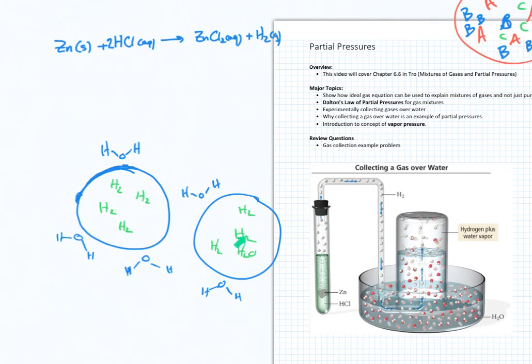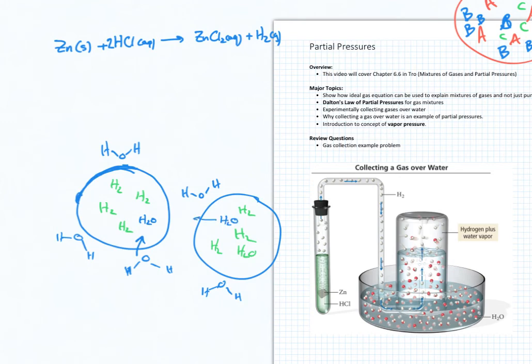But these gas molecules are always in motion, and the water molecules are also in motion. So they have some energy associated with them because the water molecules are moving around. They're not stationary. They're in a dynamic state. And as this bubble moves its way through the water, some of the water molecules have enough kinetic energy that they can break free of the surface tension and get converted into gas phase water. Not a lot, but some of them do.